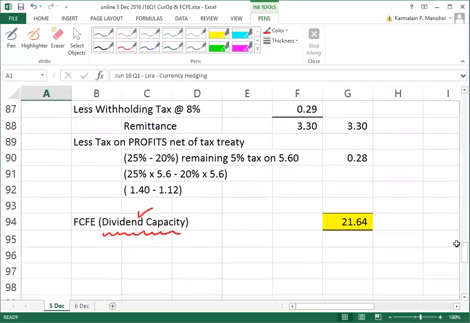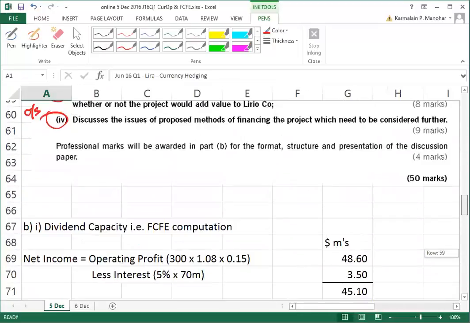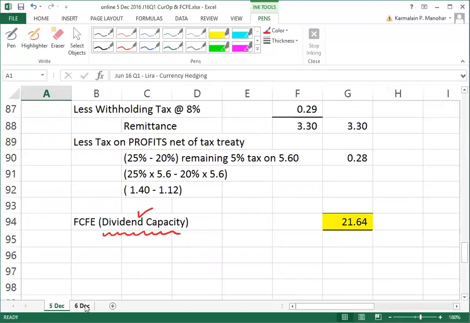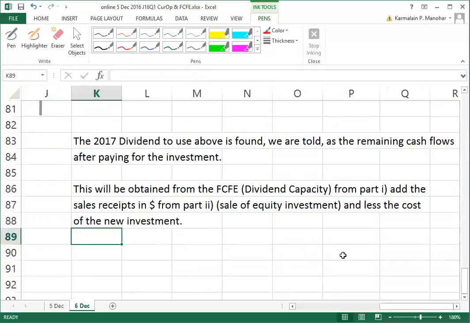All of that to find out $21.64 million. No, millions. Good. Everybody got it. 21.64. So that is simply 21.64. Everything here is in millions of dollars.